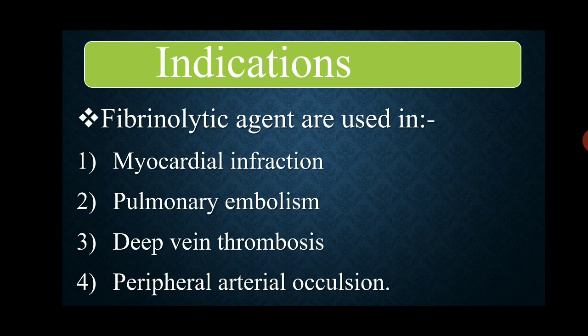Next slide, indications. These fibrinolytic agents are used in various conditions, like myocardial infarction, where the blood supply to the heart is blocked by clotting in the vessels, and the clot is dissolved by the fibrinolytic agent.